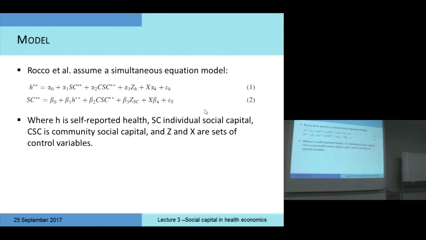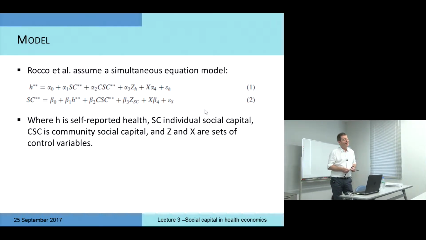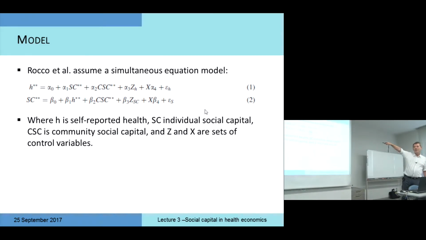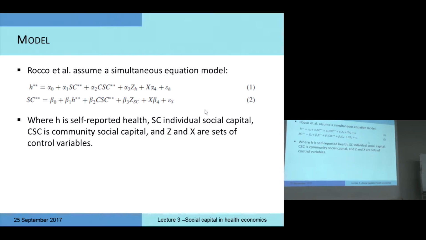Now, I won't go into the statistical econometric complexities of it. They don't really matter for our purposes. But the key point is this: if you do believe that social capital is to some extent a function of health, if you just estimated equation 1, you're going to get the wrong answer, as it were, as to what effect social capital has on health.